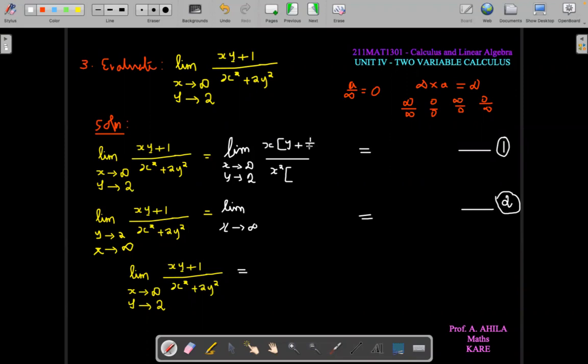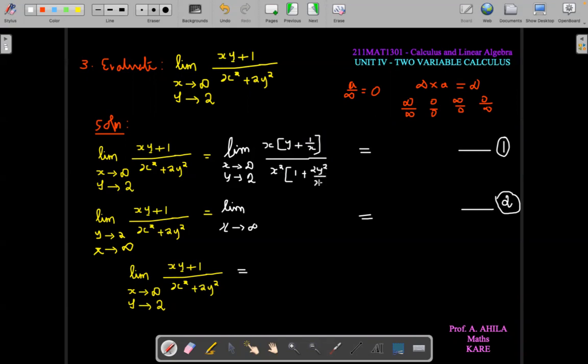Similarly, if I take x² outside in the denominator, I divide each term by x². So x² by x² is 1, and the next term, which has no x, we write as 2y² by x².